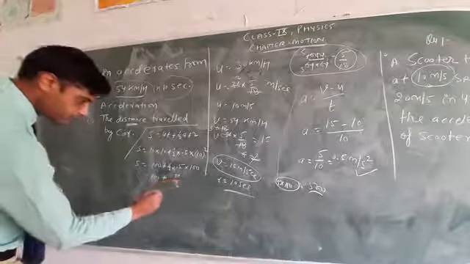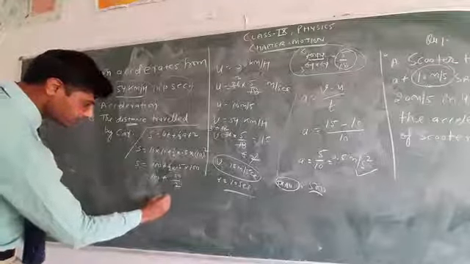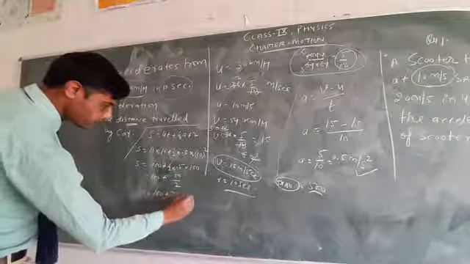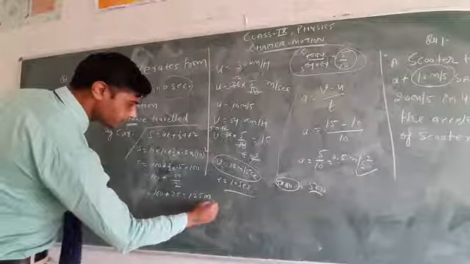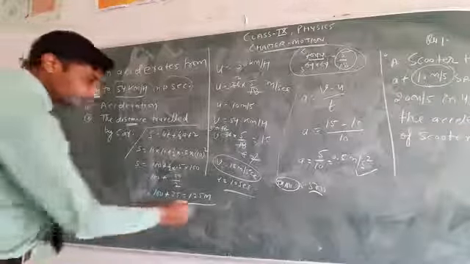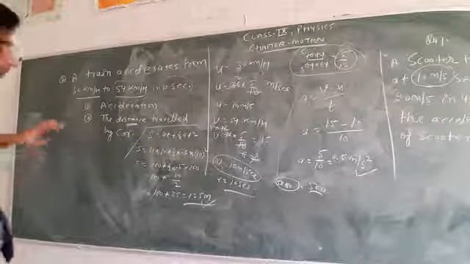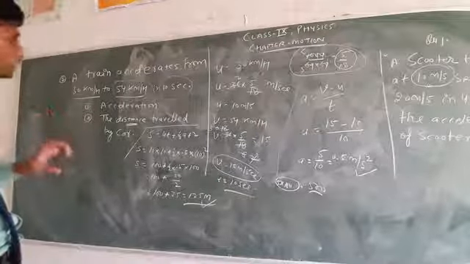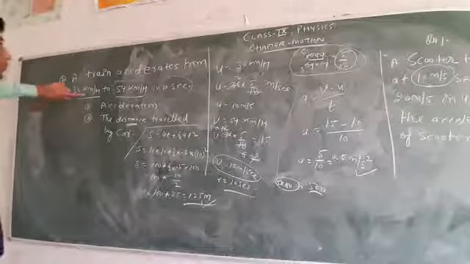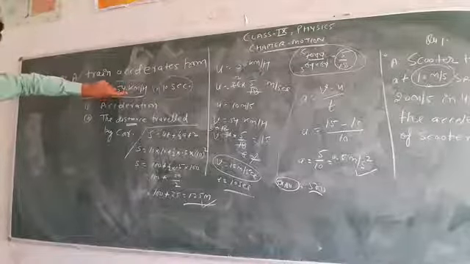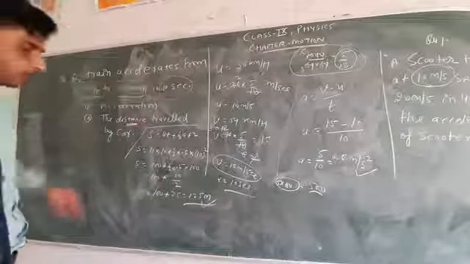So when you divide by 2, it is 100 plus 25, so 125 meters. This is the distance traveled by the train when its speed increases from 36 km per hour to 54 km per hour in 10 seconds.